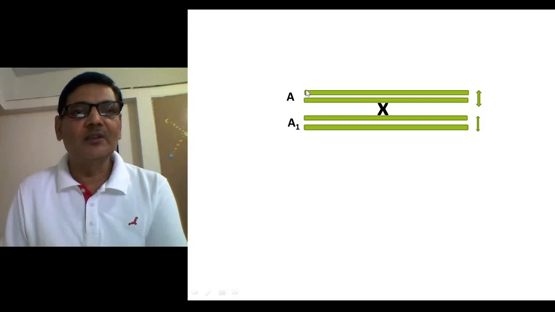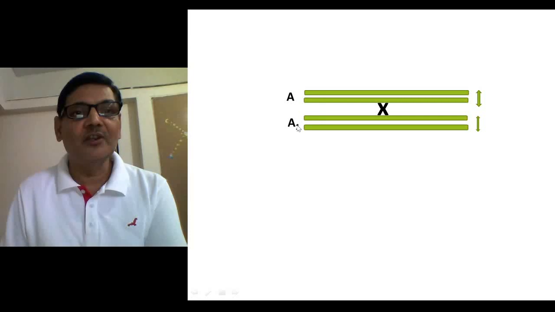And we know that by that time, each chromosome has duplicated. Suppose this is a chromosome; now it is being represented in the form of its sister chromatids. So these are two sister chromatids of a particular chromosome, and this is its homologous chromosome.